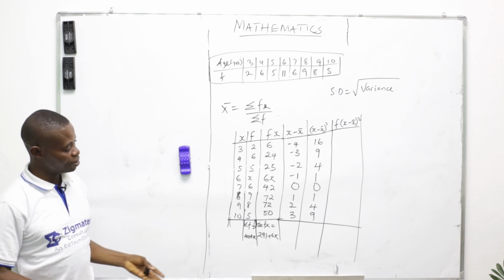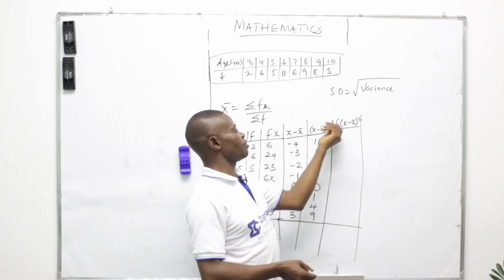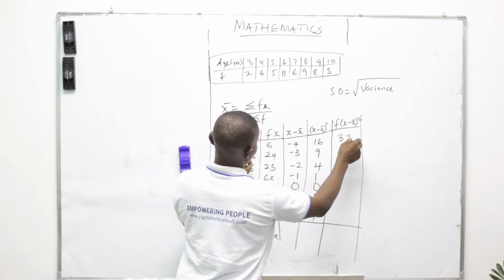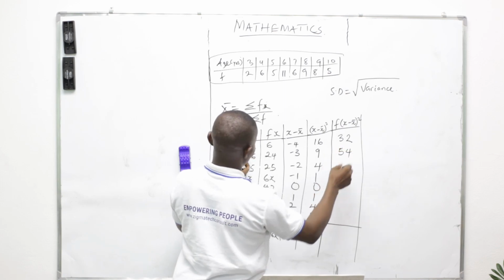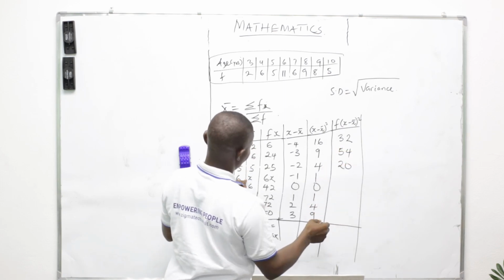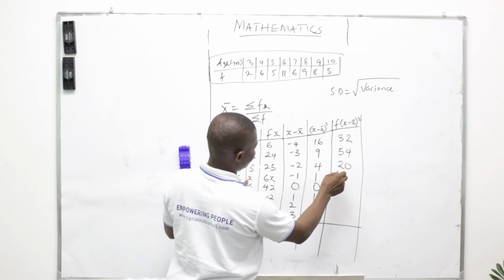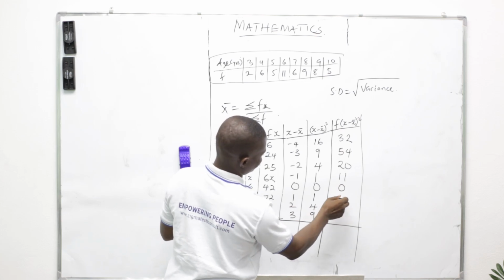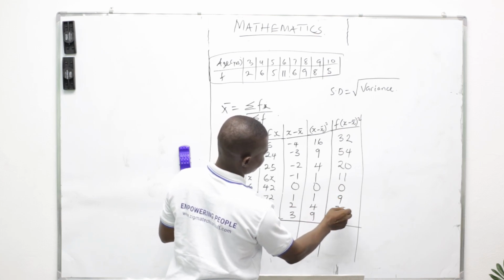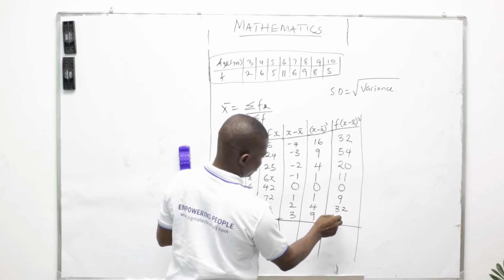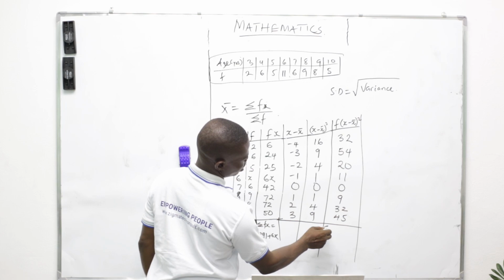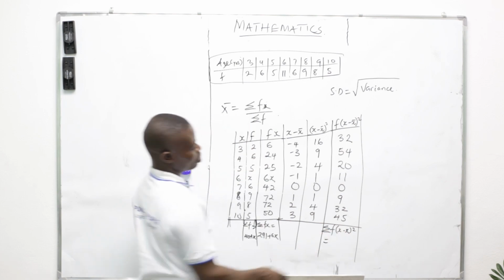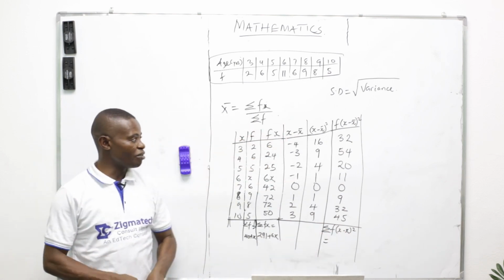Can you see what is happening? Now the next is what? F of this, meaning frequency. 2 times 16, 32. 6 times 9, 54. 5 times 4, 20. x times 1, x is 11. 6 times 0, 0. 9 times 1, 9. 8 times 4, 32. Then 5 times 9, 45. Then you can now create summation f of x minus x bar all square equals the total of whatever you have here.